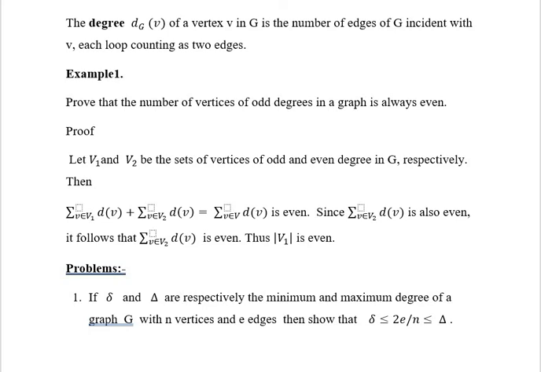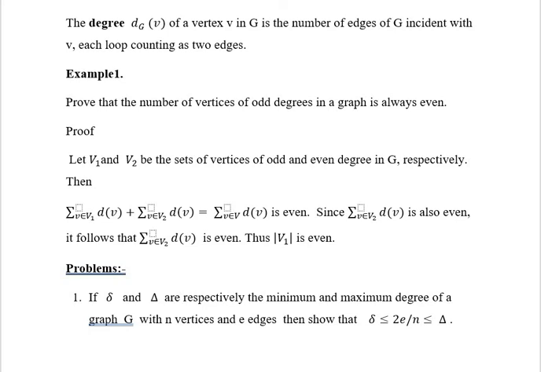It will conclude the cardinality. We got sigma v element of V1, degree of v, is even. We know that V1 indicates the set of all odd degree vertices.